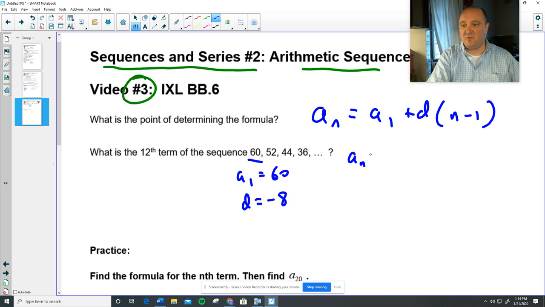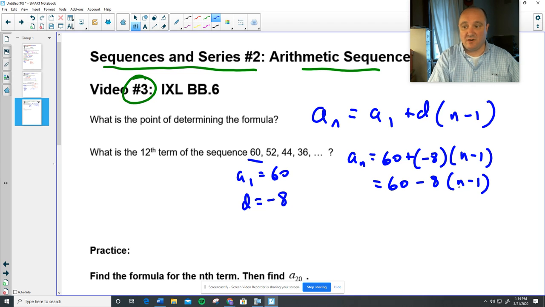So we came up with the formula a sub n equals 60 plus negative 8, and I put that in parentheses because it's negative, times n minus 1. The other way to write this would have been 60 minus 8 times n minus 1, and that would work fine as well. But in this question, we're adding a little bit to what the question is asking us.